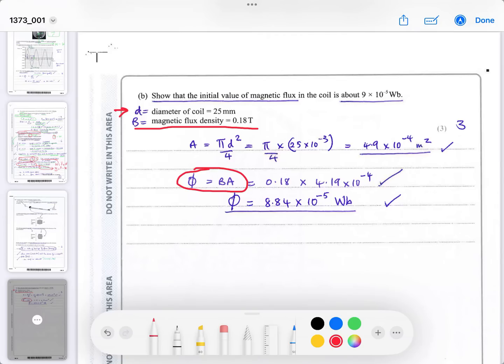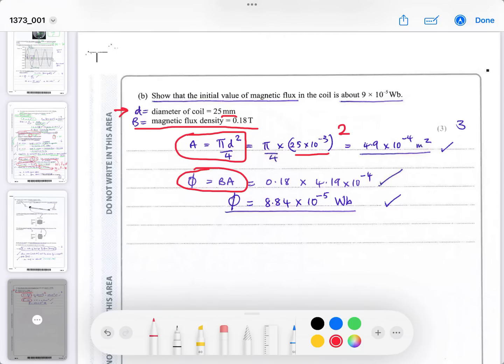So first of all, the area is pi d squared over 4. If it's in millimeters, you've got to change it into meters. So it's pi d squared over 4. I forgot to put the squared in there, so that should be a squared. And if you do this right, you will get, just checking with the marks that I didn't make a mistake.